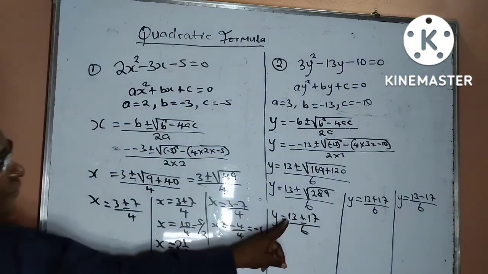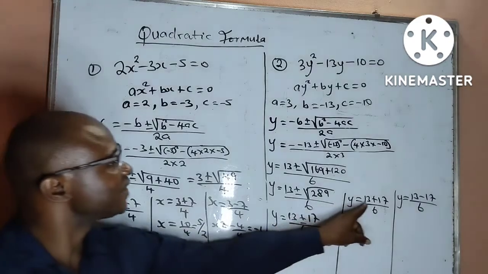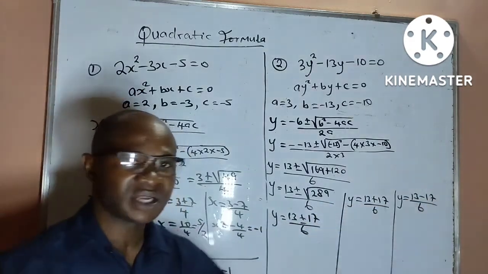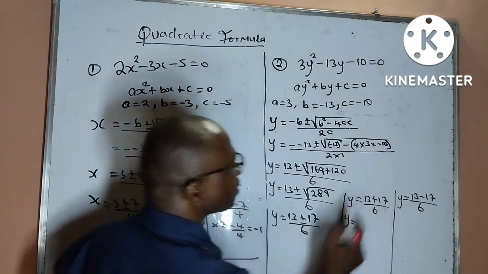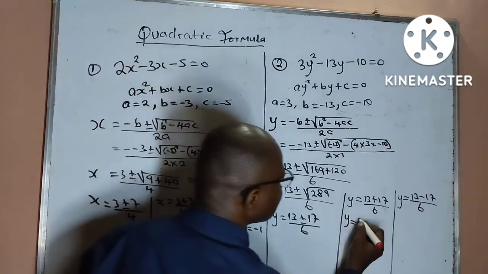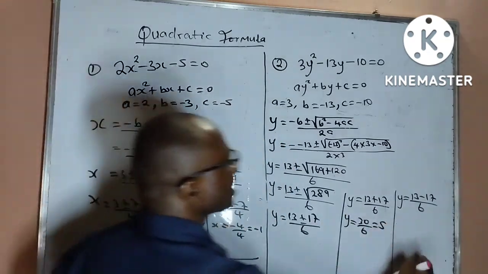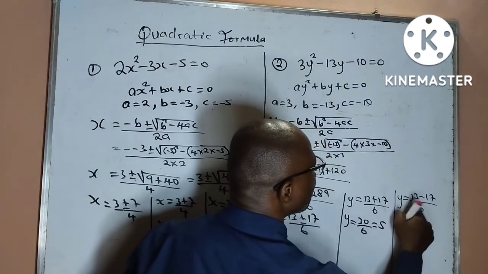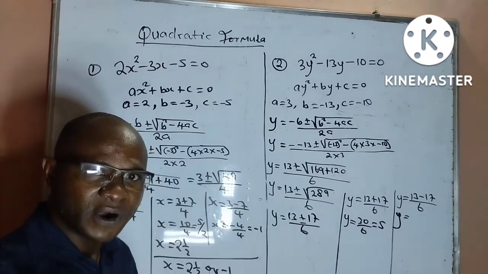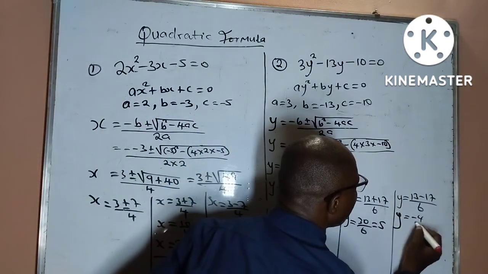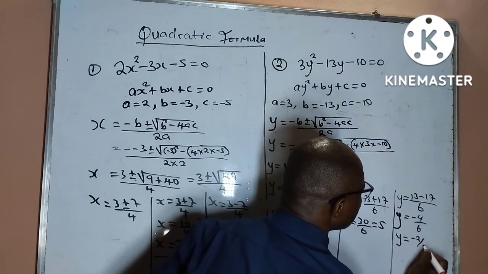What does it mean? I have plus or minus, meaning I will use plus to get the first answer, I will use minus to get the second answer. That is just it. Therefore, doing this, I am going to have 13 plus 17 will give me 30 over 6. 30 over 6 is equal to 5. I have gotten the first answer. My second answer is going to be y equal to 13 minus 17, which gives me minus 4, all over 6, which is y equal to minus 2 over 3.